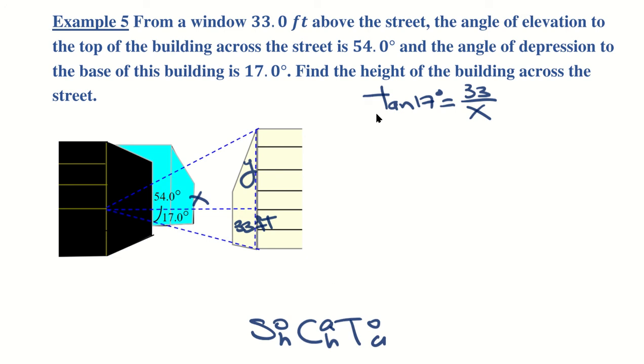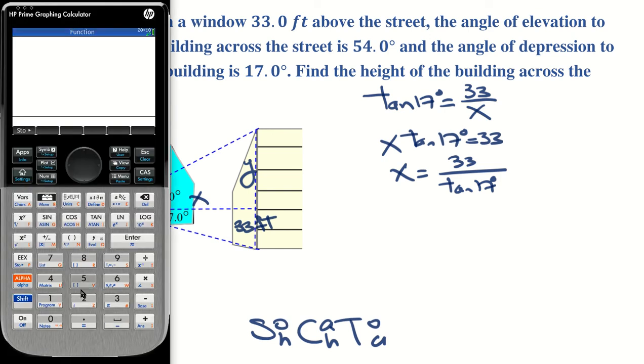All right, so if you throw 1 under this and cross multiply, we get x times the tangent of 17 degrees equals 33. So x equals 33 over tangent of 17 degrees. All right, so 33 divided by tangent of 17.